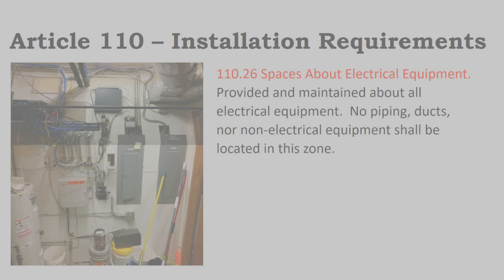You walk through the door, you see the service panel, you see other code violations, and you might look at that air conditioning duct and say, I wonder if that's a code violation too. And for that electric service panel, it might be that the air conditioning duct is in fact 6.5 feet tall. And so from the floor up to 6.5 feet is 6.5 feet of clearance.